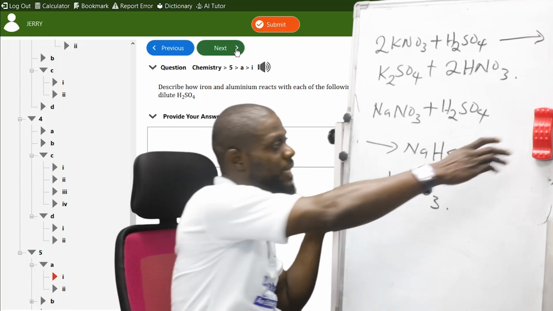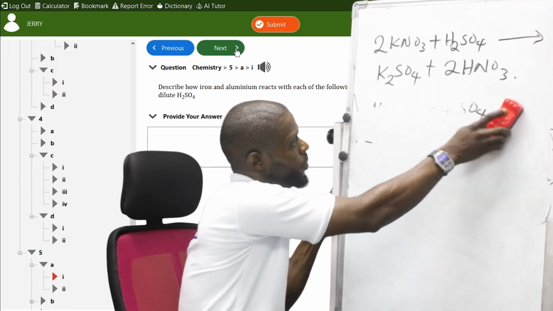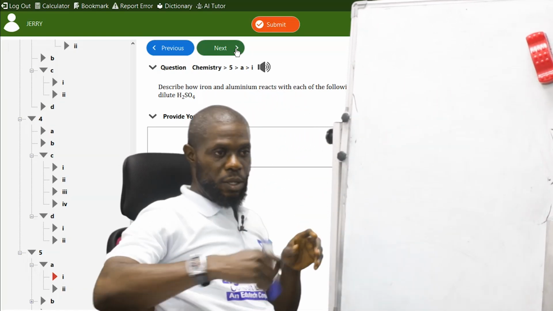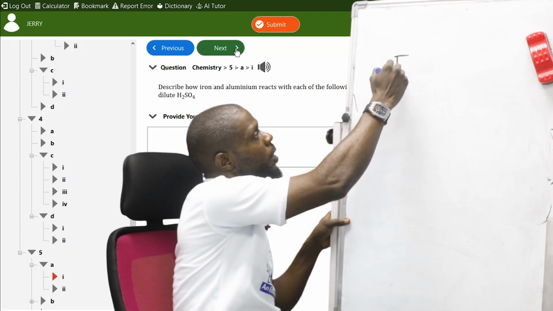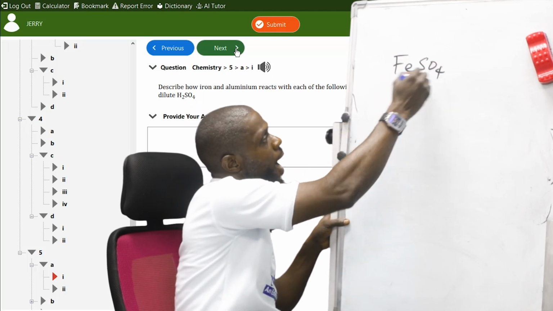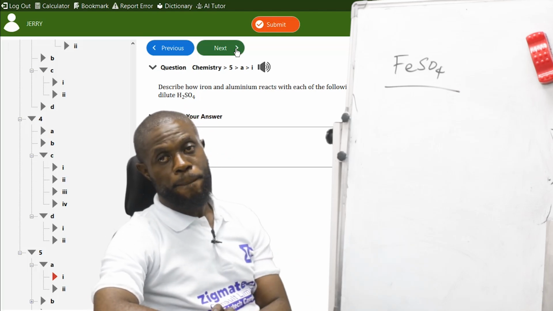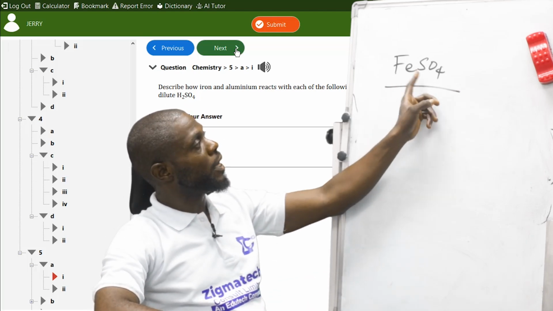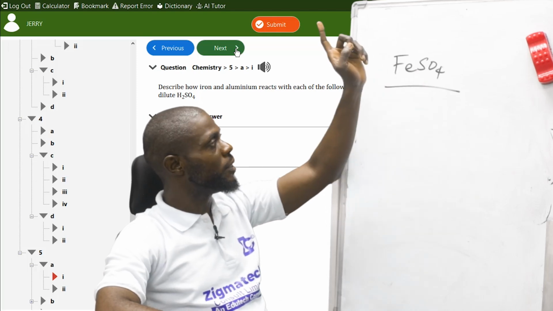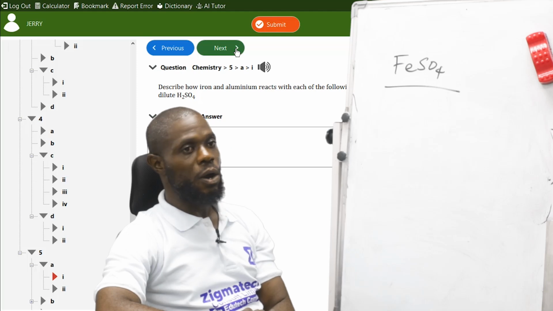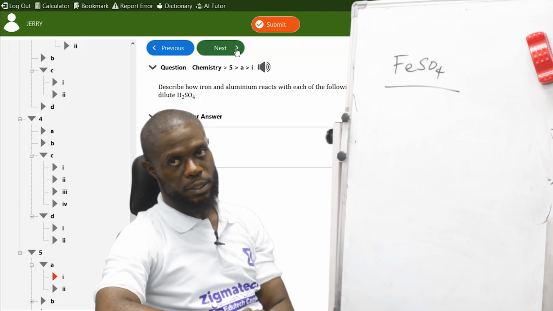Iron will react easily to form iron tetraoxosulfate 6.